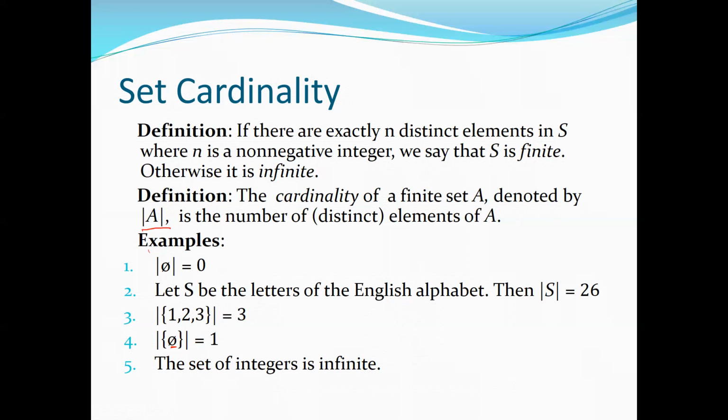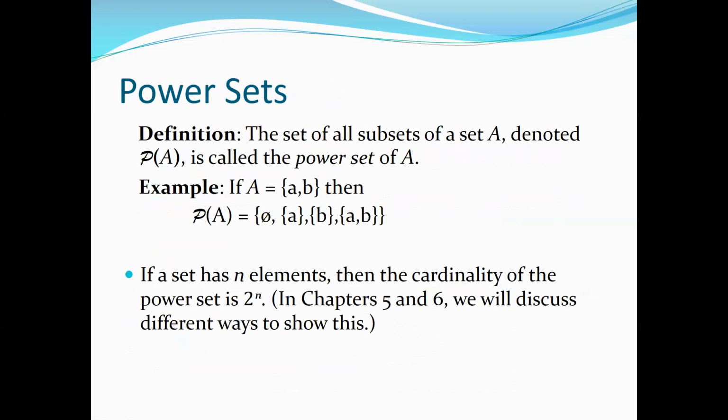Power set. What is a power set? The set of all possible subsets of a set A, denoted by P(A), is called the power set of A. For example, if A has two elements, A and B, then the power set contains all the possible subsets.